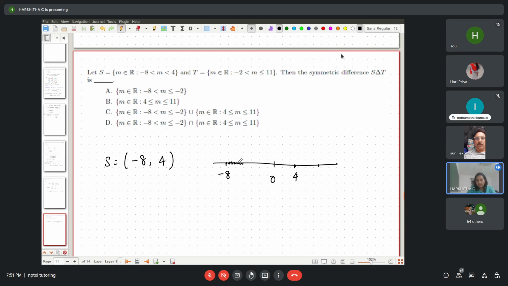So every number in this area. Here when I say minus 8 comma 4, we don't mean the tuple, we mean this entire interval. And T is all the real numbers between minus 2, let's say minus 2 is here and 11 is here. So you have this entire interval.